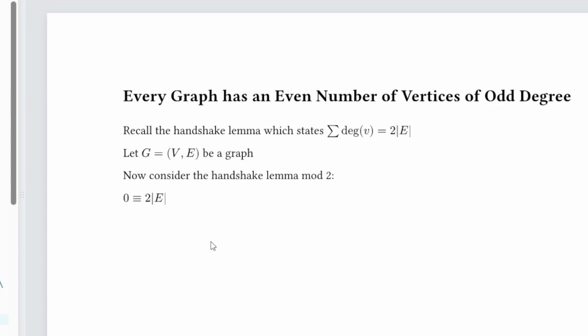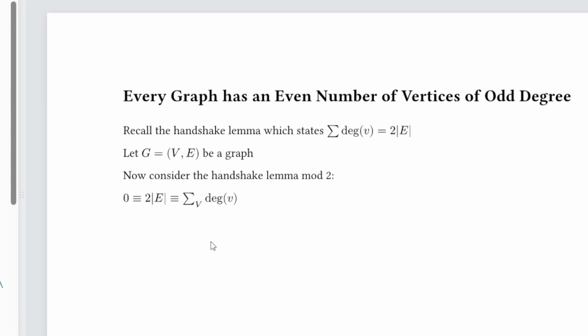Now consider the Handshake Lemma mod 2. 0 is congruent to 2E because 0 is even and 2E is even. And this is equivalent to the sum of the degrees of v, and this sum is over v in V.